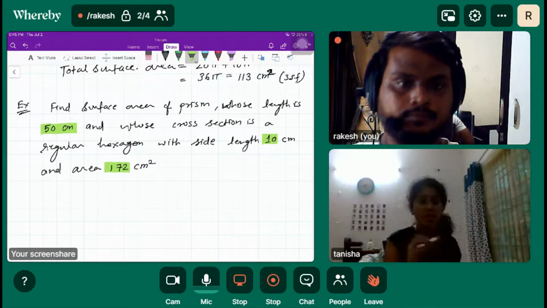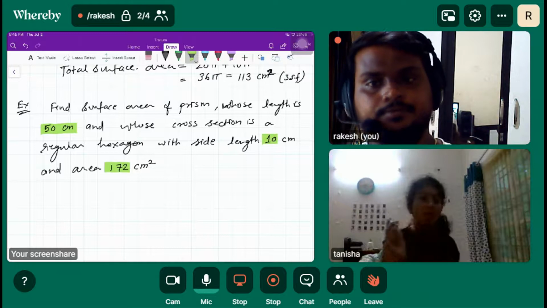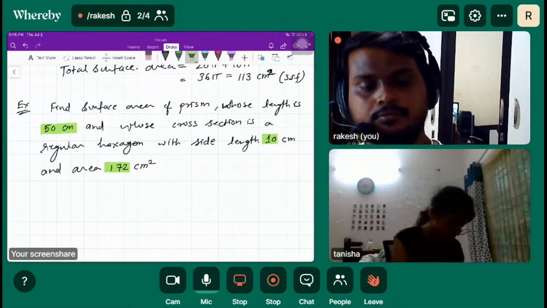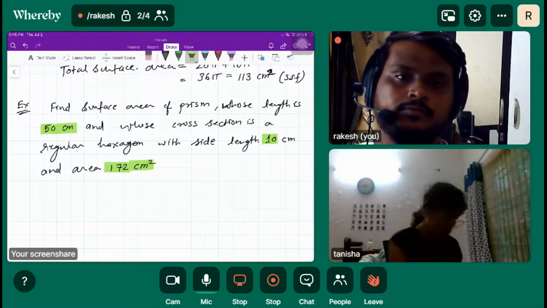So the area of the hexagon is 172 centimeter square.